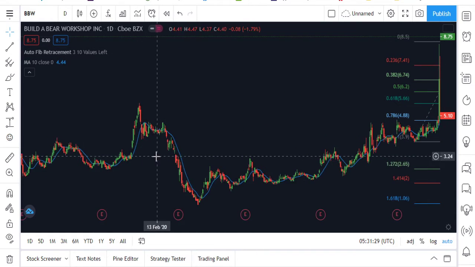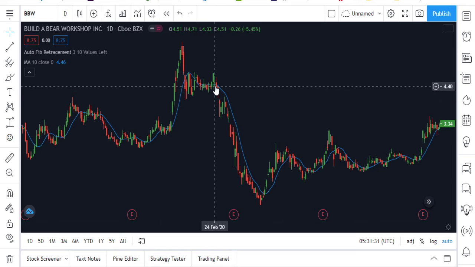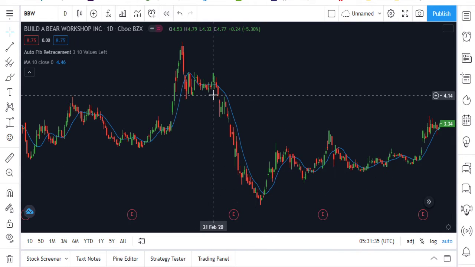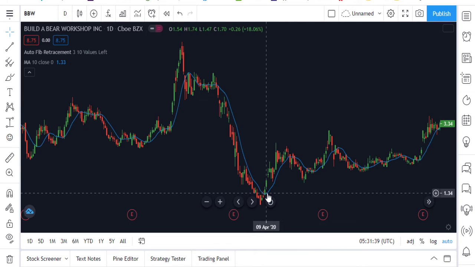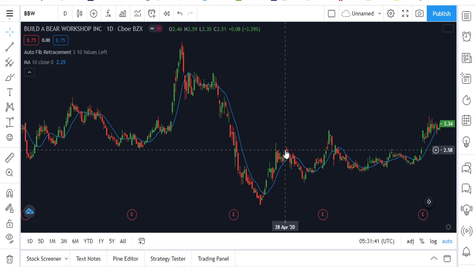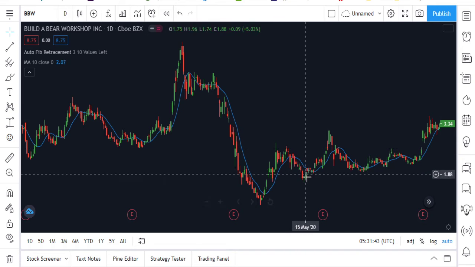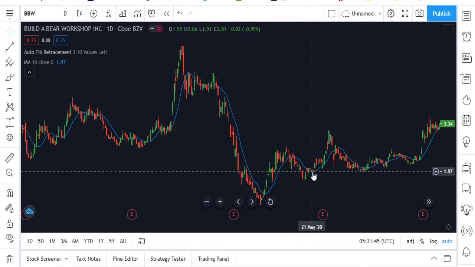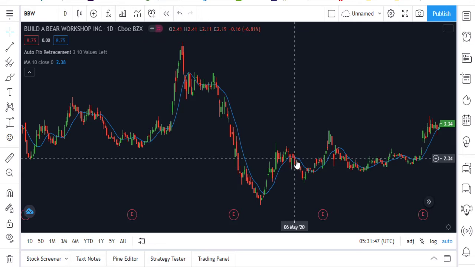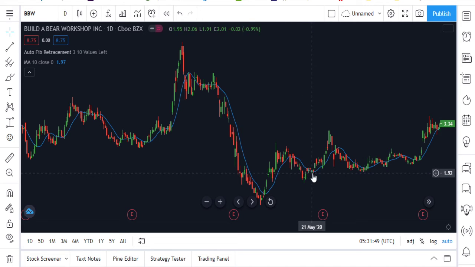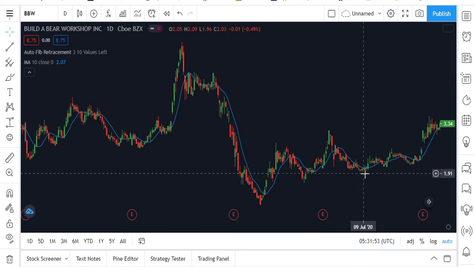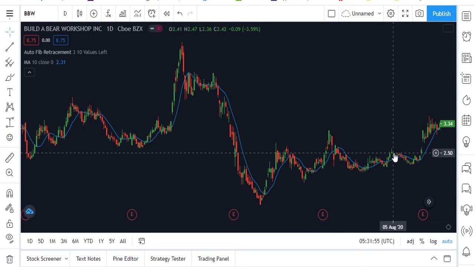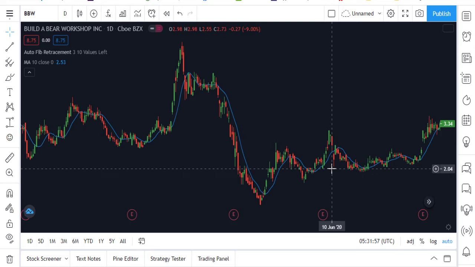See, like right here, if you were to sell it 445, it traded under that moving average the whole time. And then right here, 134, it went up, then it went back down under. So you could easily sell it here, then buy it here, sell it here, then buy it down here, and just swing trade or position trade.